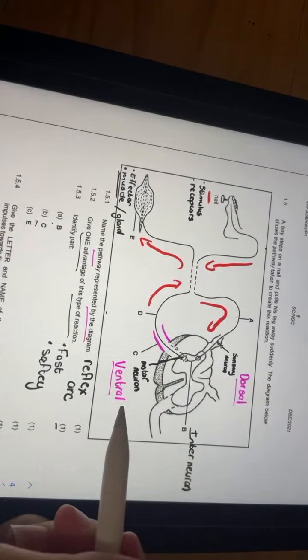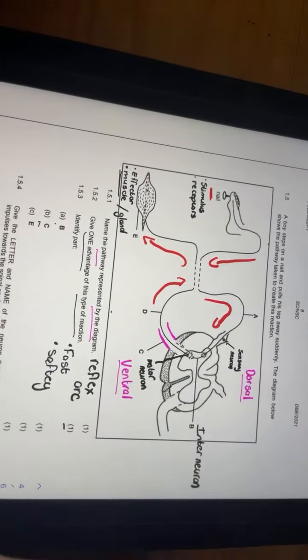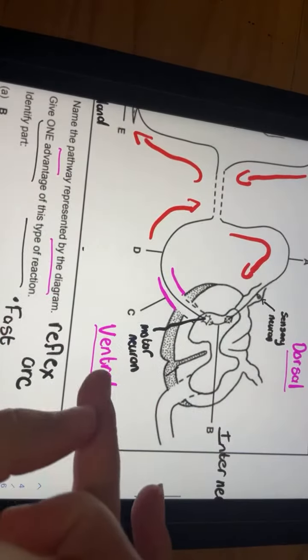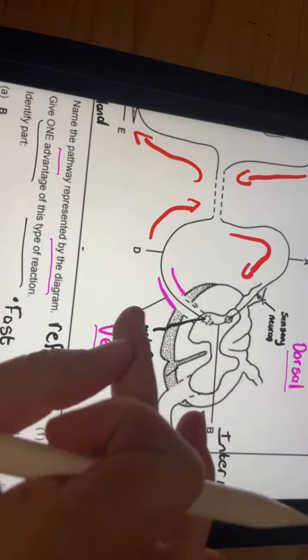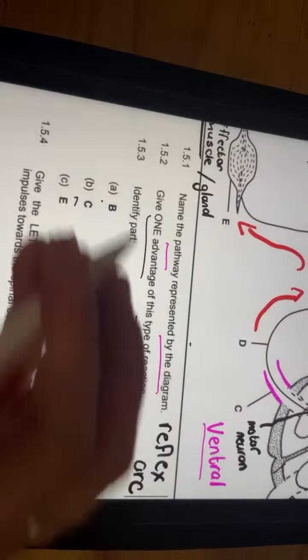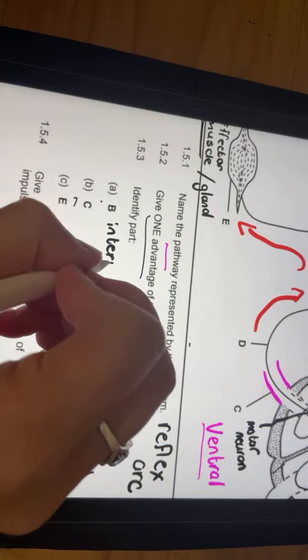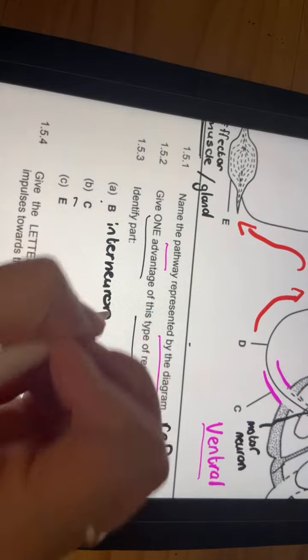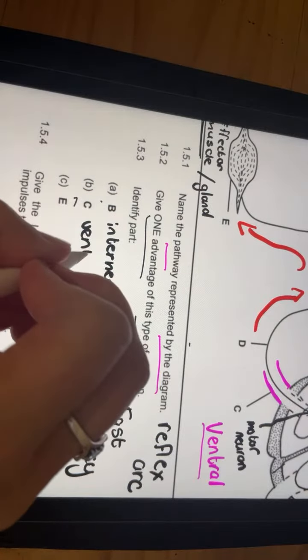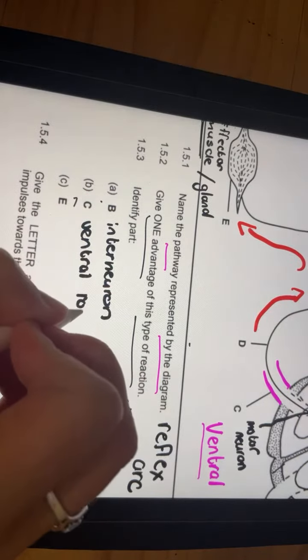Remember I said to you that you'll need to know where the ventral side is, which is this lower side. So this is the ventral root. That's our answer. I'm actually just going to write it here. B was our interneuron, and C was our ventral root.